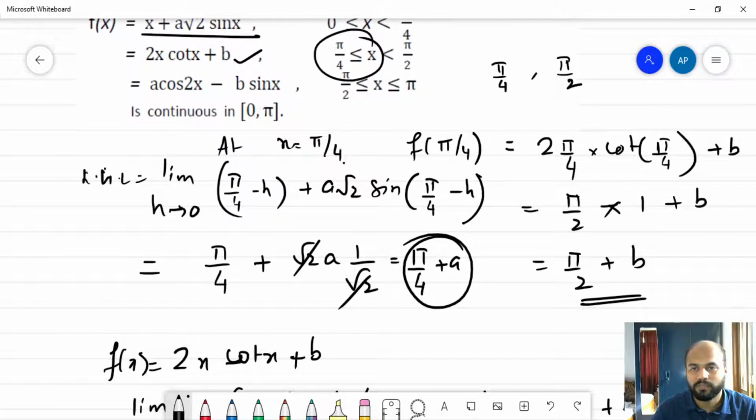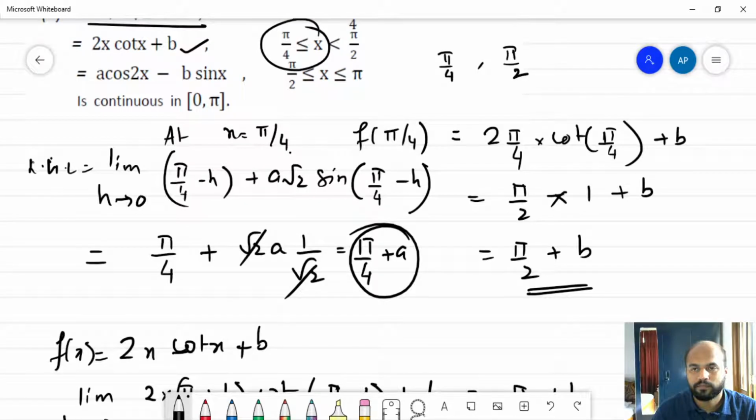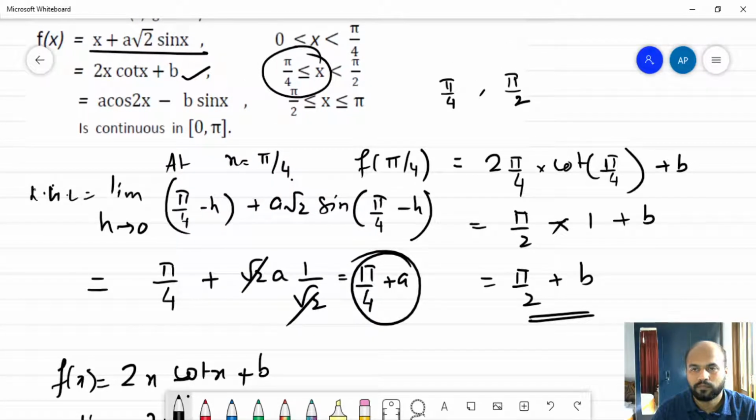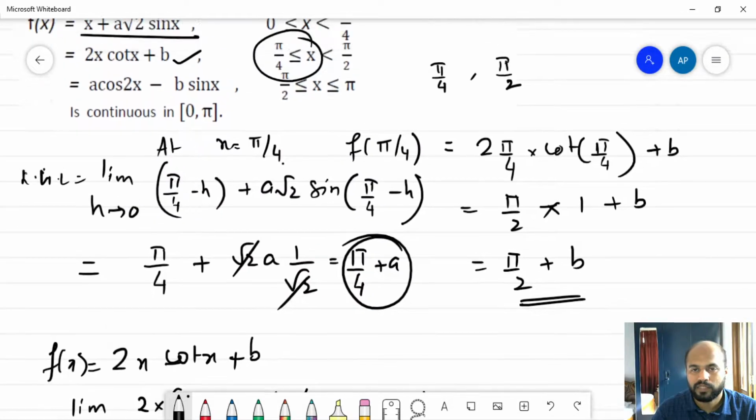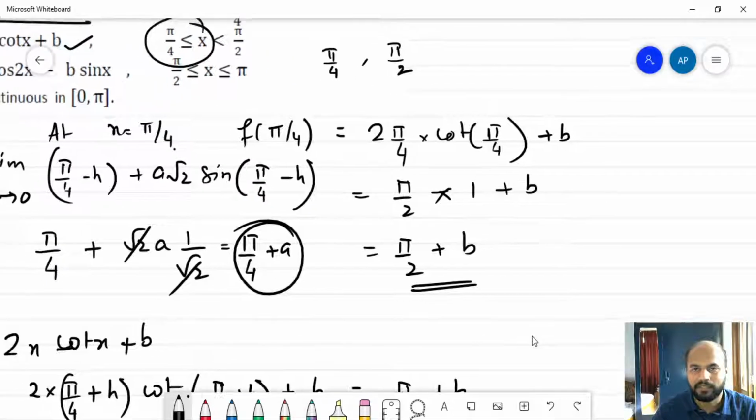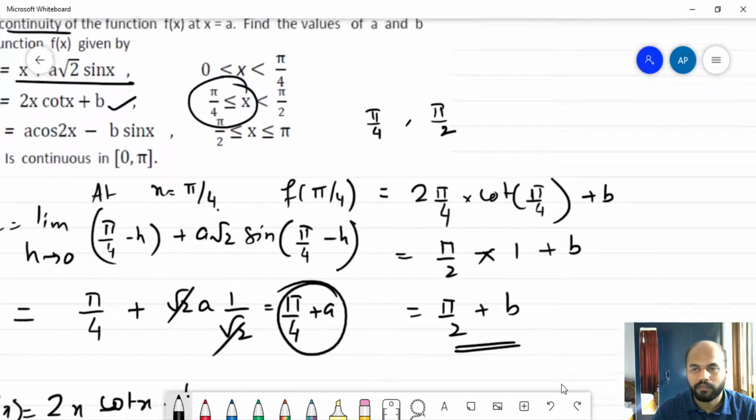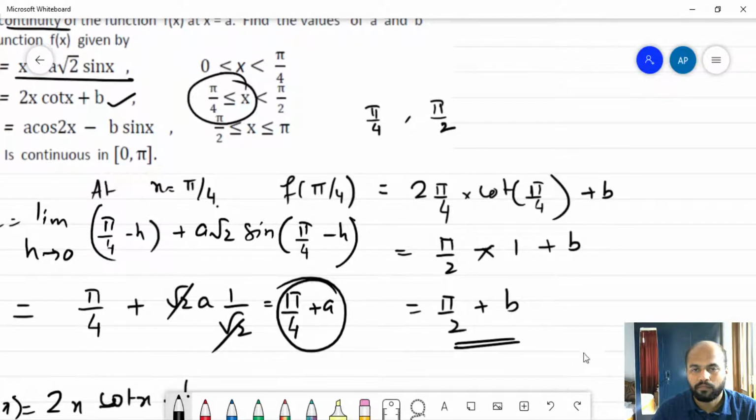So 2x cot x plus b would be the LHL, and a cos 2x minus b sin x is going to be the value of the function at that point.